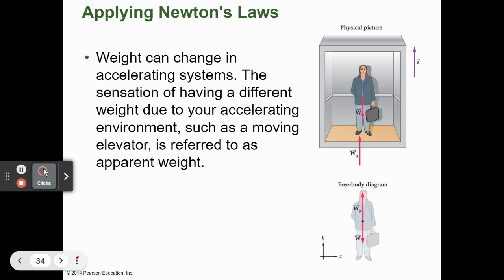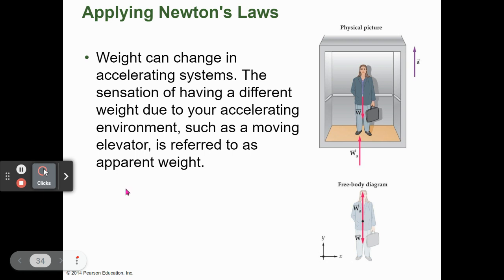Anyway, applying weight. So weight can change in accelerating systems. And this is just like a concept type thing. So when you get in an elevator and you just kind of feel a little heavier. Okay. The sensation of having a different weight due to your accelerating environment, such as moving in an elevator, that's referring to your apparent weight. You don't actually gain mass.